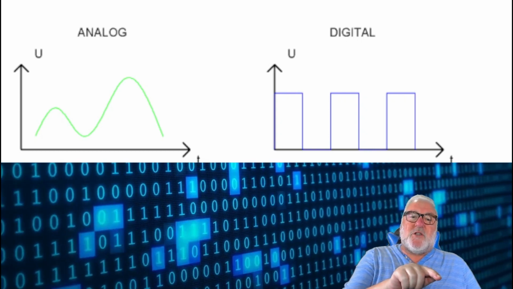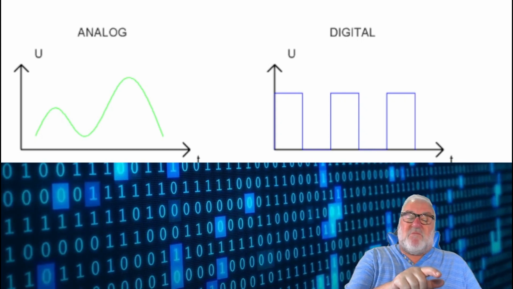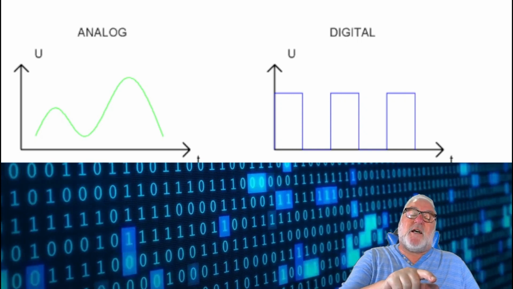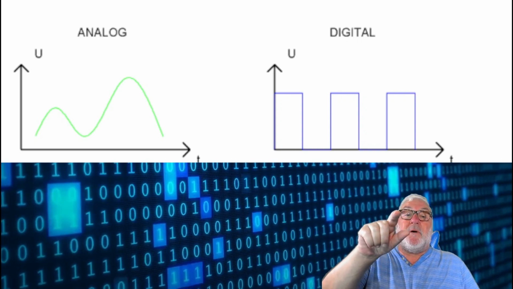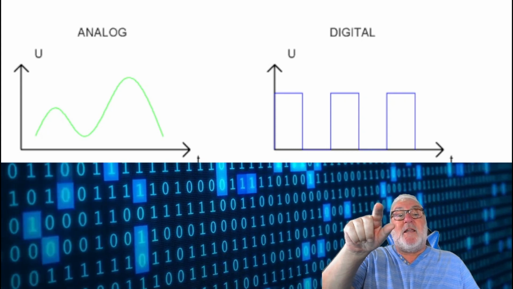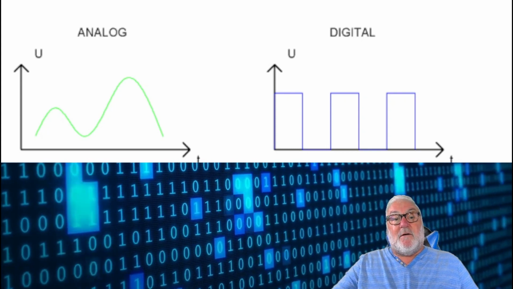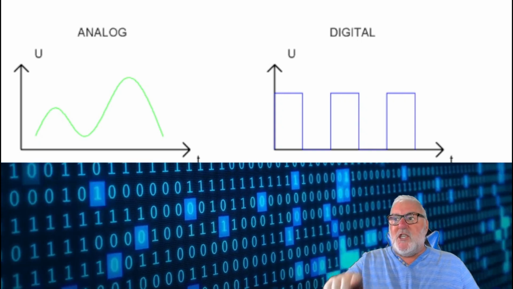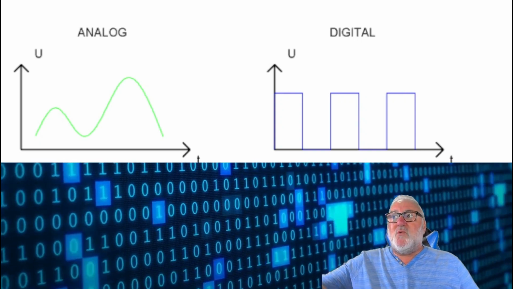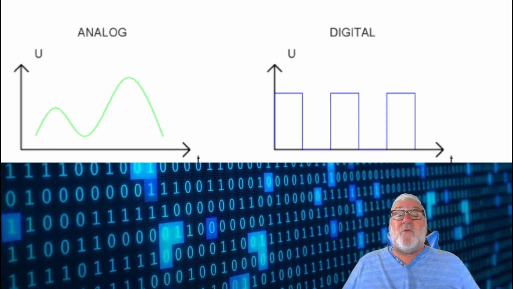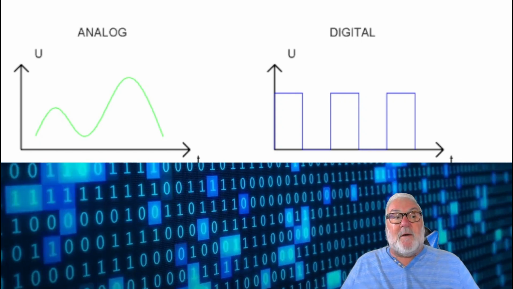In the morning it starts off low, and as the sun comes up it goes up gradually, and in the evening it goes down gradually. So it's a continuous signal, both in time and value.